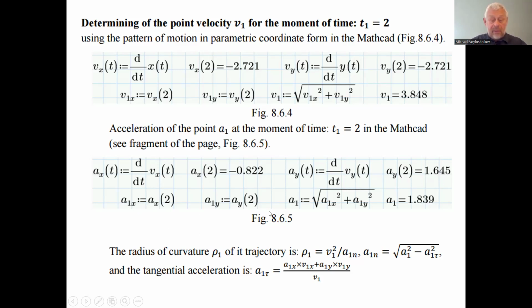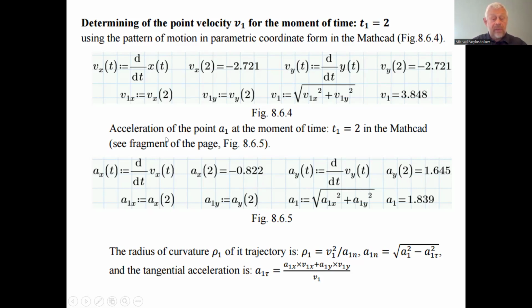Next, we redefine the two definite values, a1x and a1y, as they previously got the magnitudes of the second derivative of the coordinate assigned for the motion of the material point.